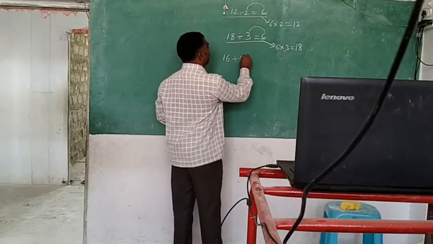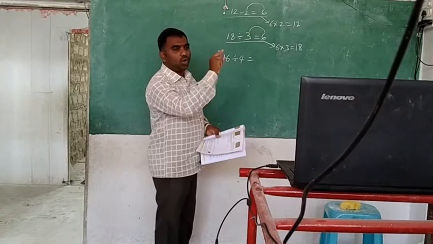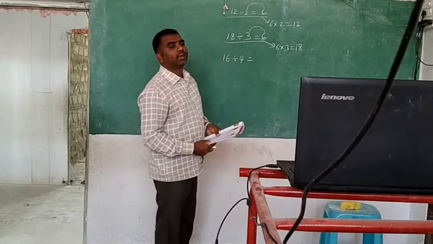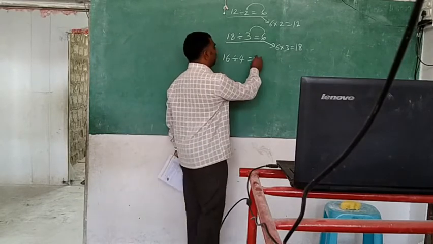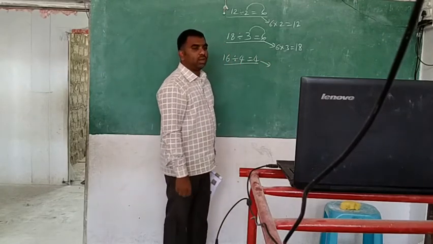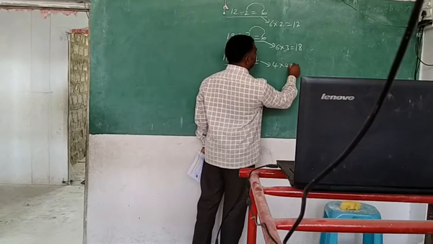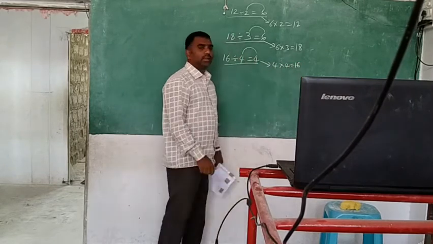Meaning in each row, how many cups are there? 4 are there. This division we will say in the form of multiplication. How? Very good. 4 4s are 16.